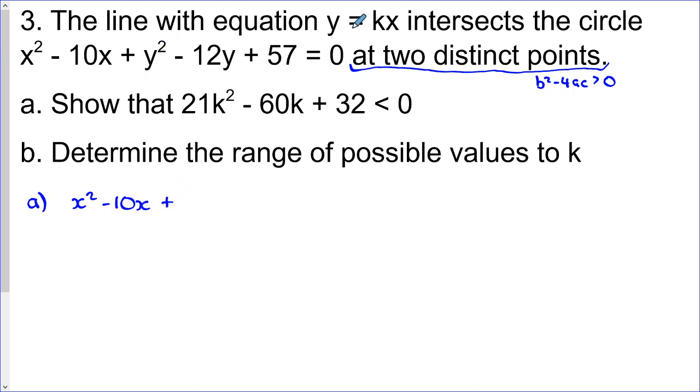Where we've got y, it needs to change into kx. Make sure that goes into a bracket when you're substituting an expression into a single term that's squared. Make sure you don't just put the squared on the end, so it looks like it's only the x squared. Make sure you put the whole thing in a bracket. And it's 12 lots of y, so 12 lots of kx, plus the 57 equals 0.